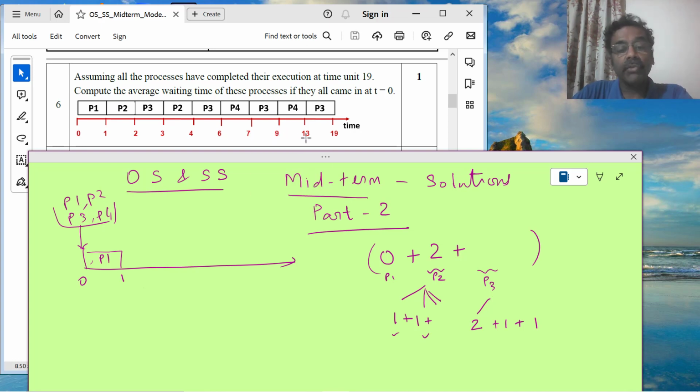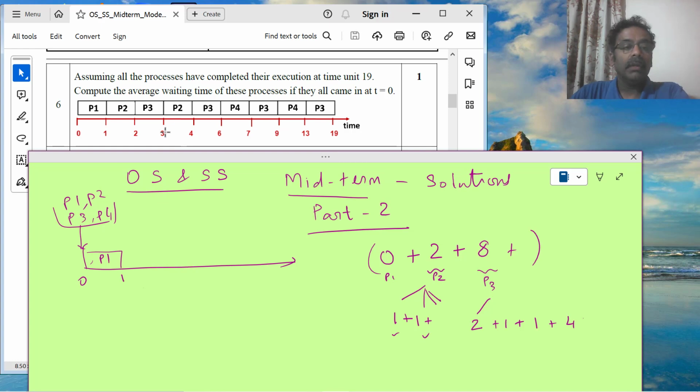Then again from 9 to 13 it is waiting. So you have to be careful about how many units are here. It is 4 time units, correct? So that needs to be added. So totally how much? You know that, 8. So P3 is 8 waiting time, because after this 19 it is anyway done.